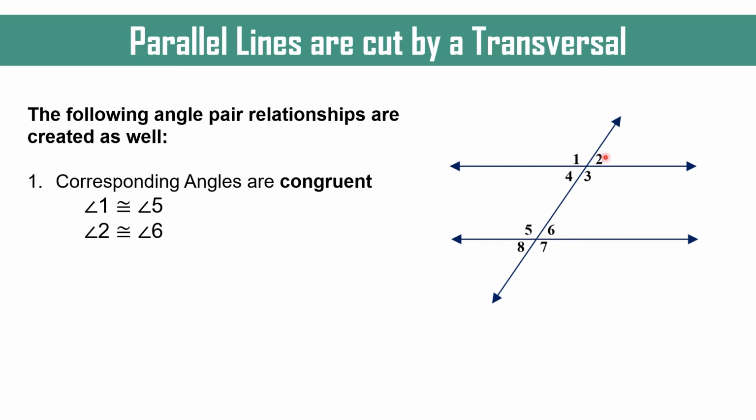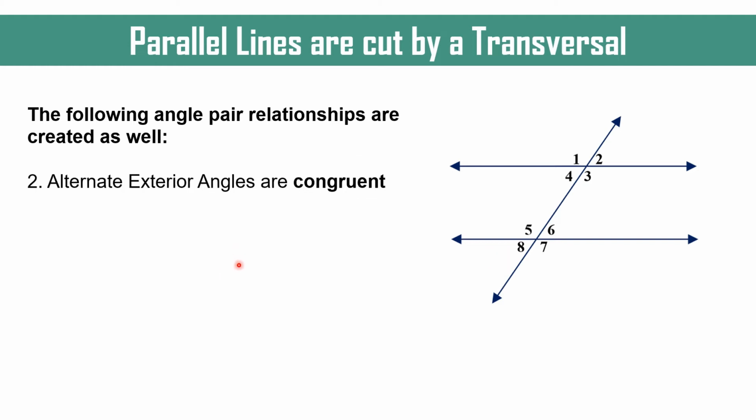So we have 2 and then 6. We also have 3, this one, and 7. And the last pair we have 4 and 8. So again, for example, whatever the measurement of angle 4 is, for example, this one is 30, angle 8 must also be 30 since they are congruent. When we say congruent, they have the same measurement.